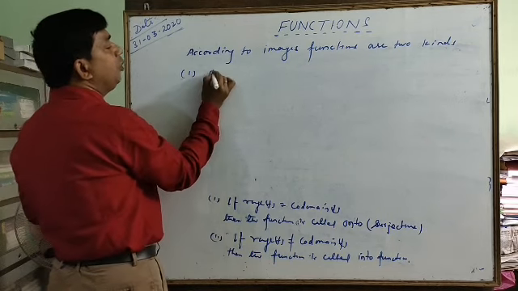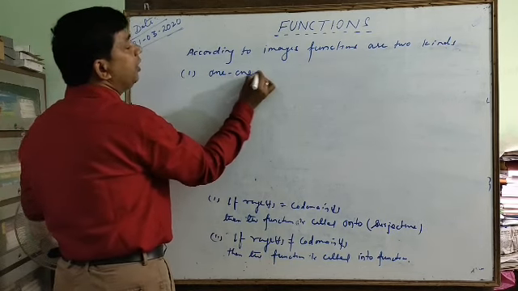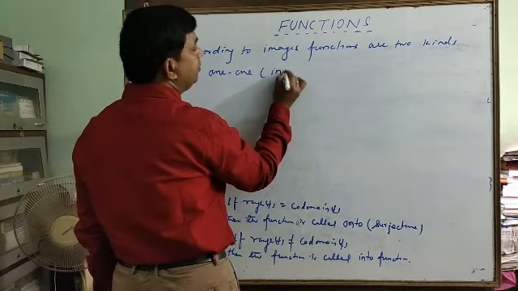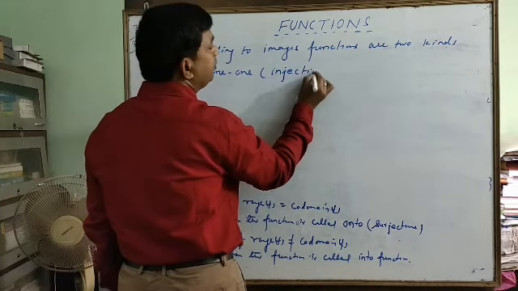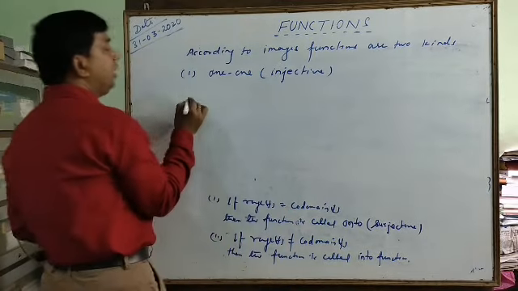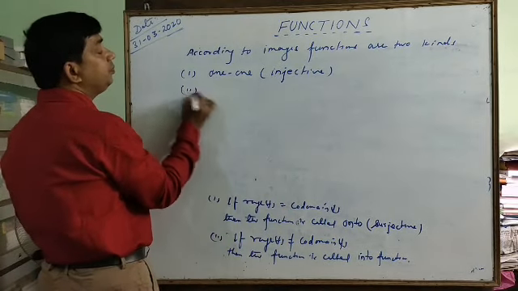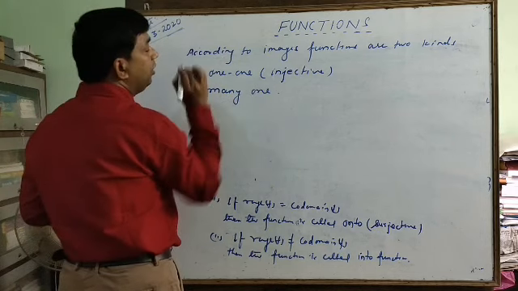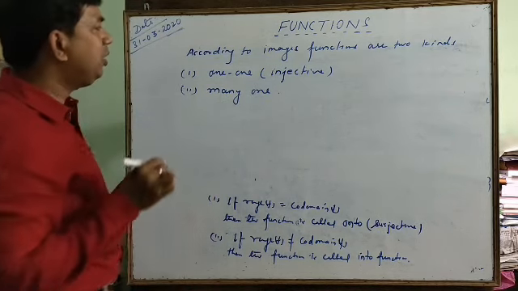First is one-one. Another name of one-one is injective, and another one is many-one.